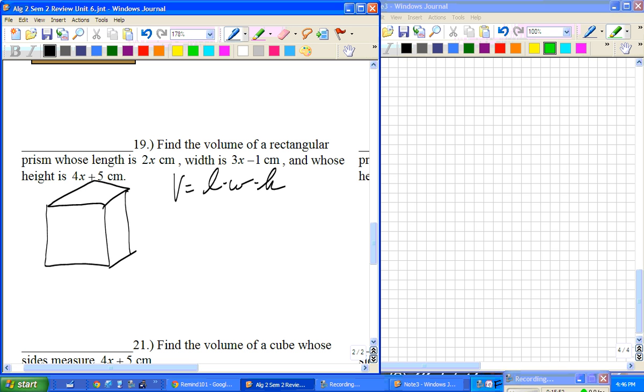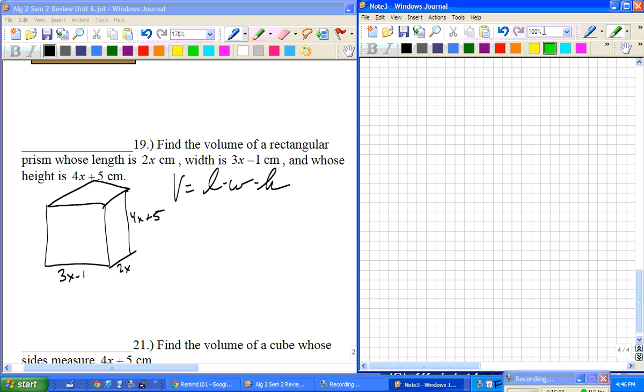Volume is length times width times height. Okay, so remember, none of these sides matter which one is which. Right now I'm just doing it to whichever side is the smallest. Okay, so when I'm doing the volume over here, we've got 2x times 3x minus 1 times 4x plus 5.